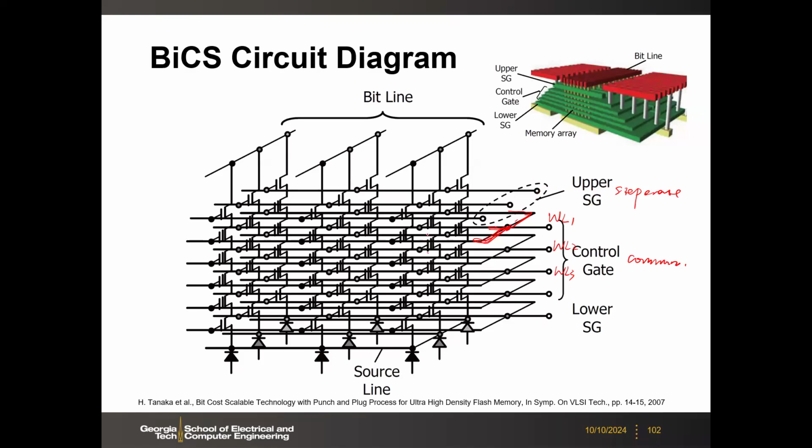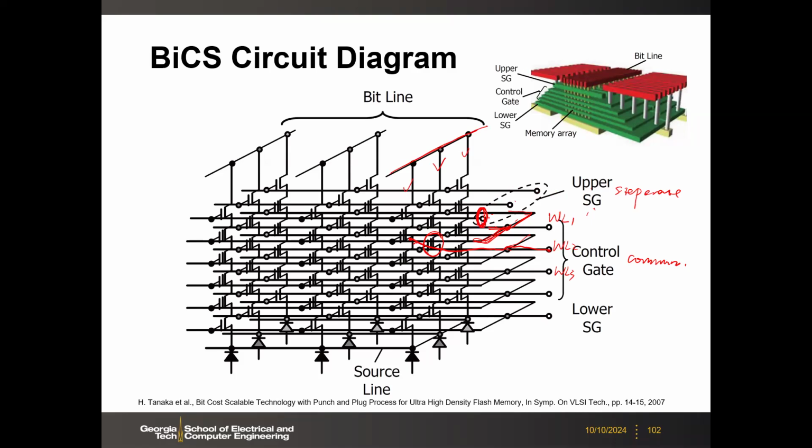If you want to program this cell, then you need to select first this bit line, right? Second, this VLINE. But this VLINE also controls other strings along the same bit line. So you need the upper string select to be separate. You only turn on this one.